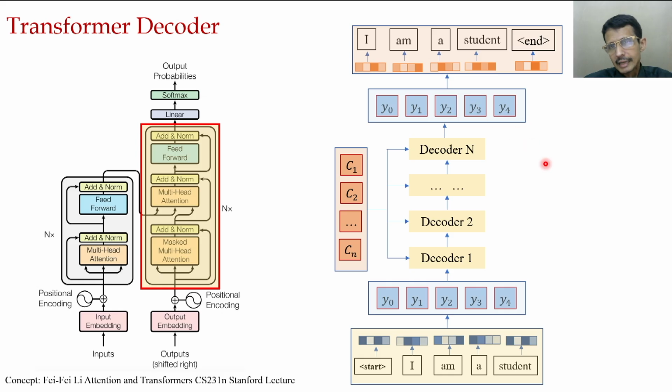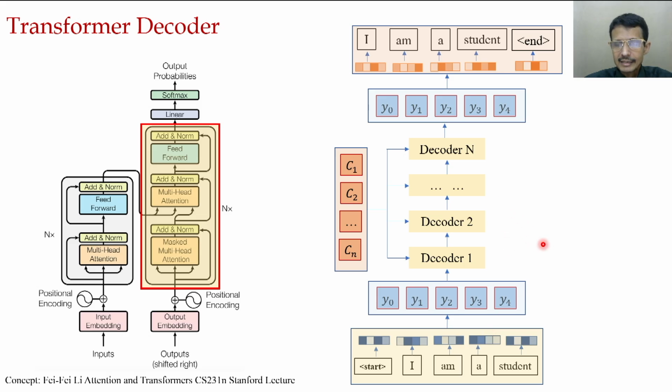Now one thing that we noticed earlier also in this kind of task, neural machine translation, is that the first input is basically start and the first output is I. Now this first output comes here as input to the second node. The second output comes as the third input to the third node, and so on.